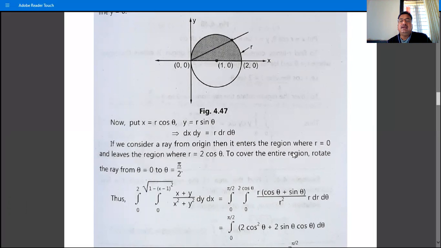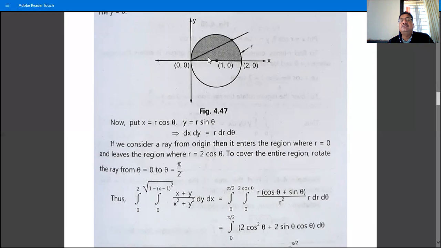This ray enters the region where r is 0, that is the radius is 0, and leaves the region where r is 2 cos theta. To cover the entire region, rotate the ray, theta from 0 to pi by 2.